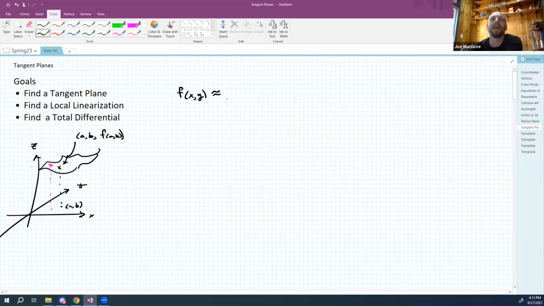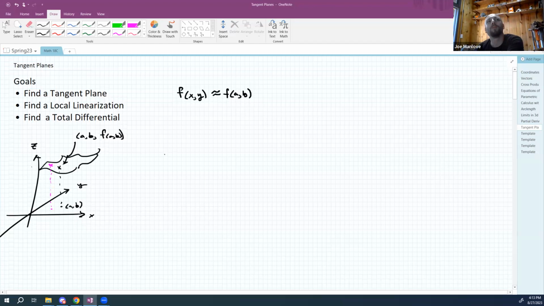So I'm going to say f of x and y is f at A and B. That's a poor guess, but whatever. It's like just assuming the function's always 2. This is me guessing a horizontal plane, a constant. I'm going to add some information to this.